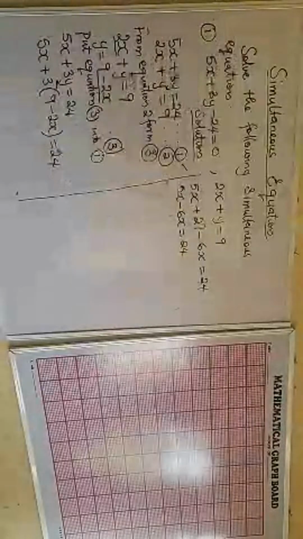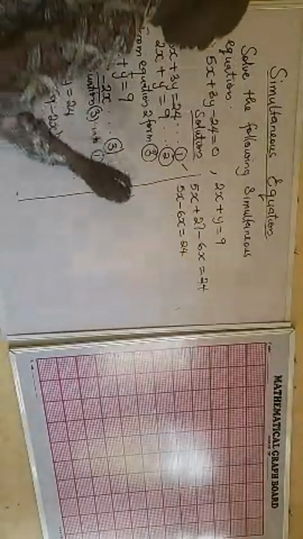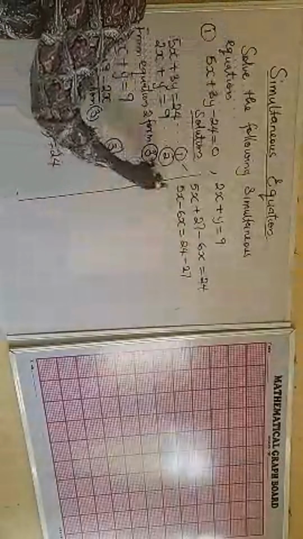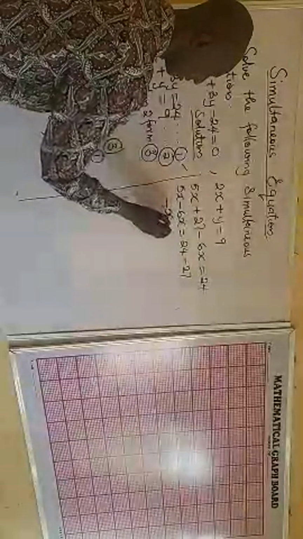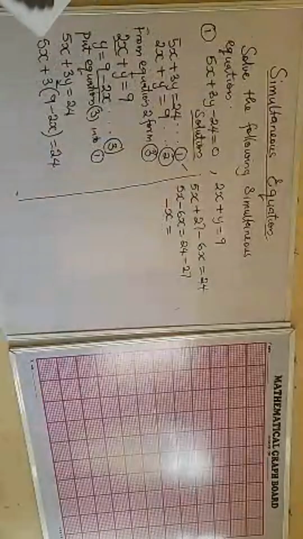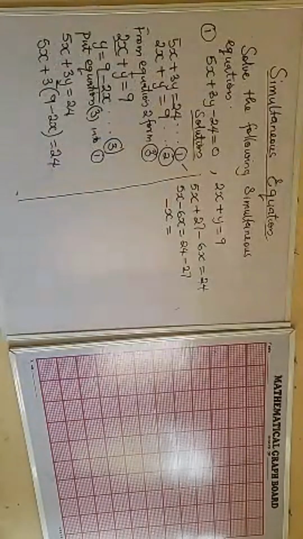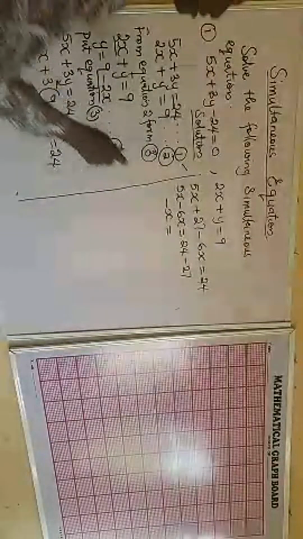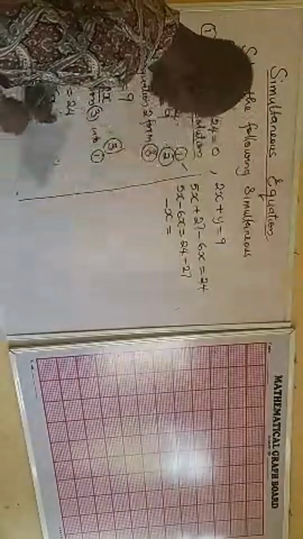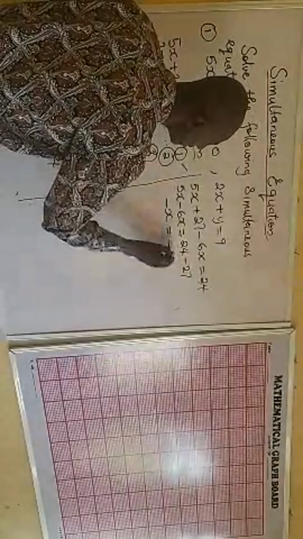When this plus 27 crosses the sign of equal to, it changes to minus 27. Take note. Now, 5x minus 6x is minus x. 24 minus 27 is minus 3.